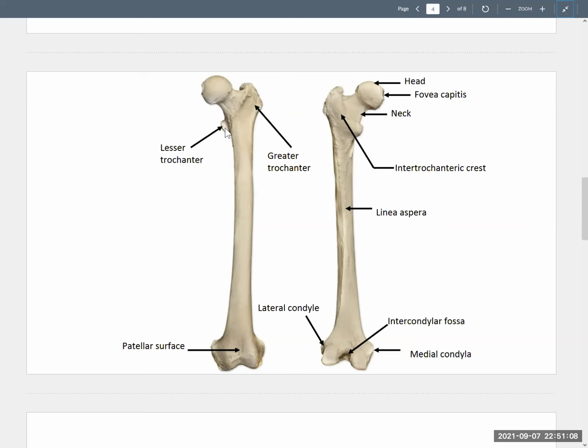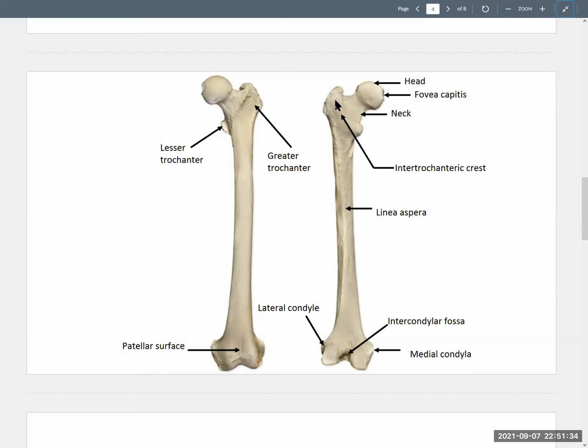On the medial side is the lesser trochanter, and on the lateral side is the greater trochanter. Lesser and greater definitely do mean size reference. Turn it around. You'll see on the back side the greater and lesser trochanter.